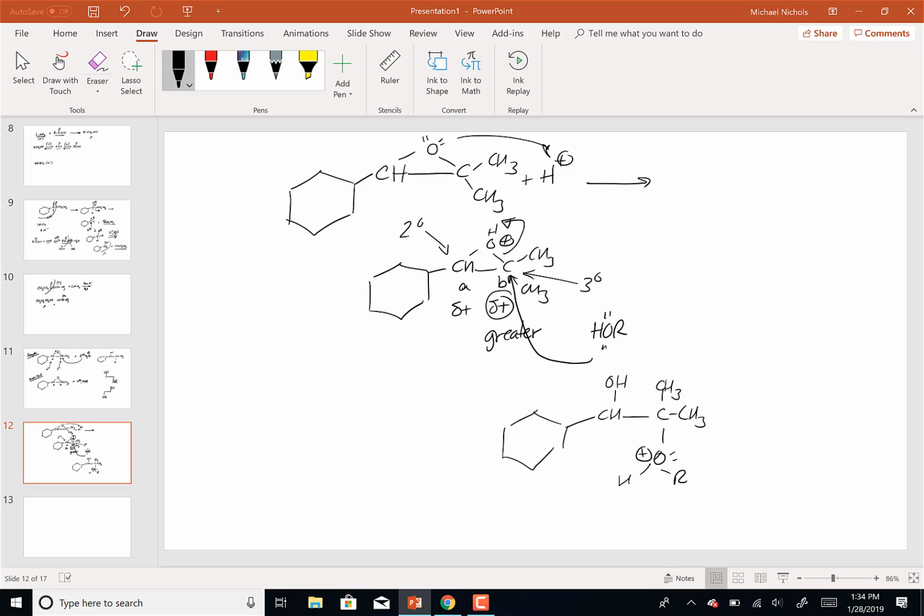And then that oxonium ion is going to lose its H plus to make the final product, where the final product will have the OH and now the OR, 100% trans.